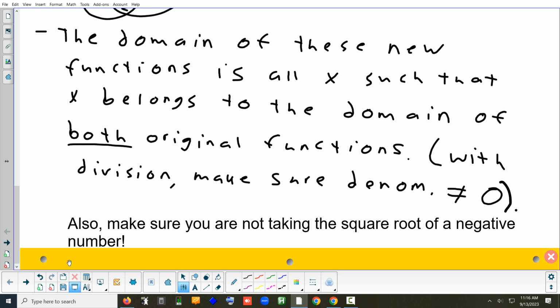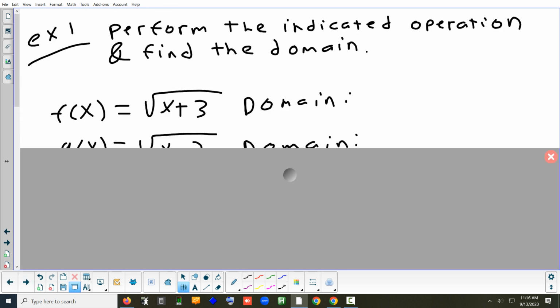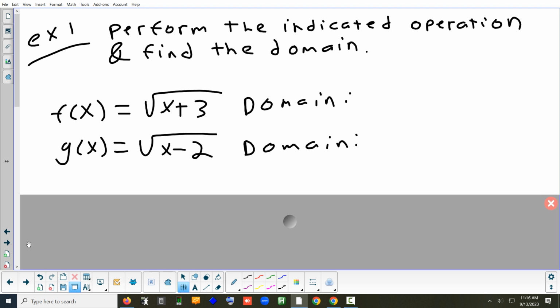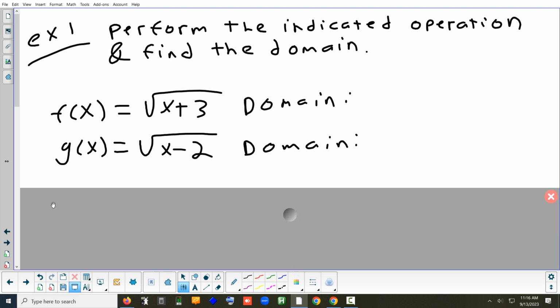Okay. Let's try some examples. So it wants me to take these two functions, and I'm going to combine them together in some way. Before I combine them, it's helpful if we know the domains we're starting with. Now, is either one of these functions one of the two things I keep mentioning that you have to be careful about?